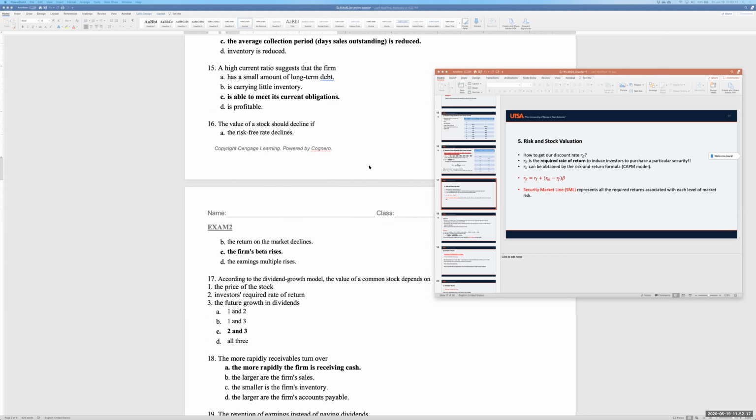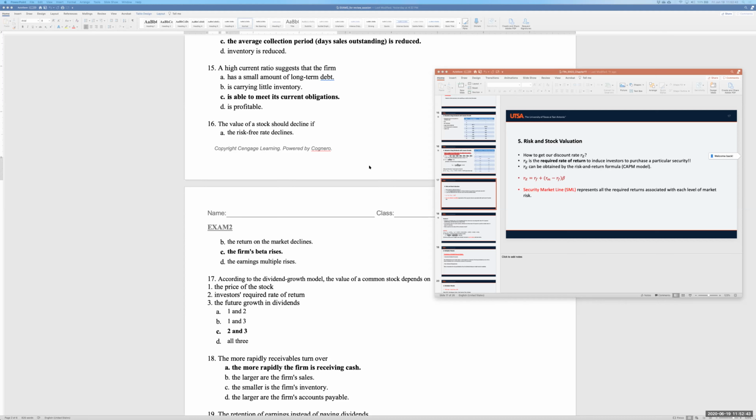Question 15, a high current ratio suggests that, what is the current ratio? If you listened to this review session, by looking at the selected ratio and definitions tables you can define the current ratio, and as you see, the current ratio is current assets over current liabilities. So a high current ratio suggests that the firm has a small amount of long-term debt.